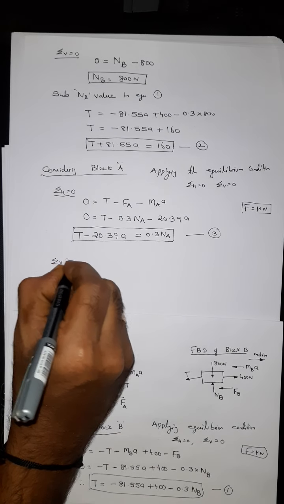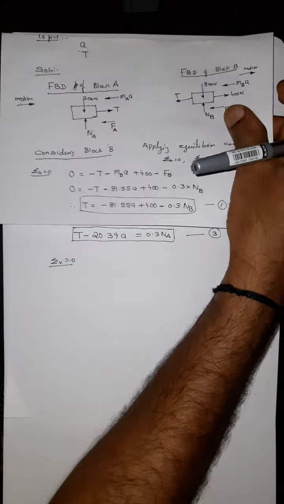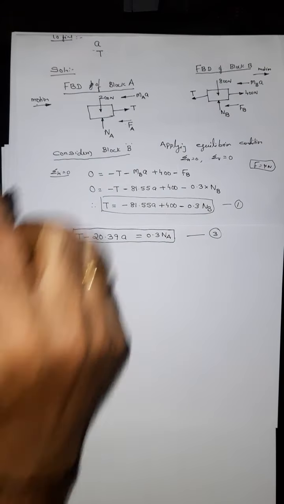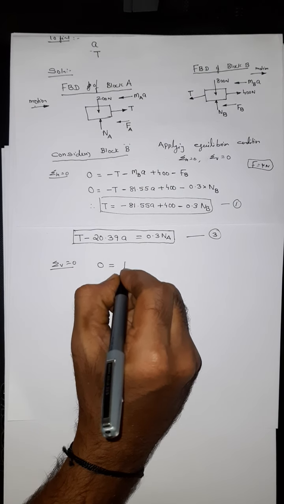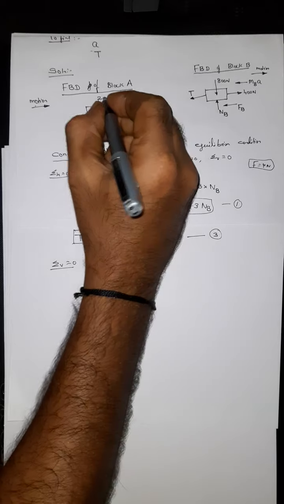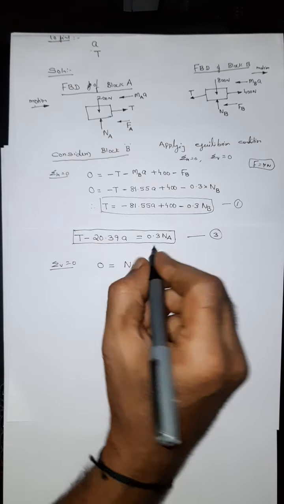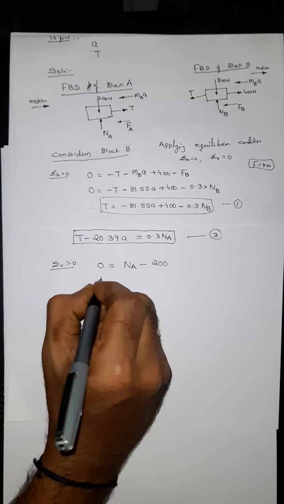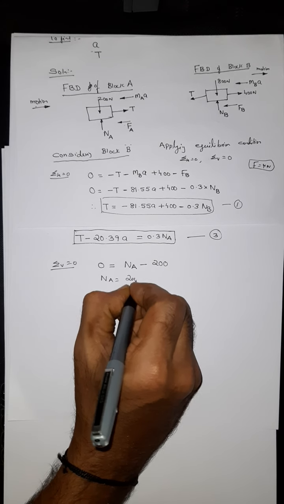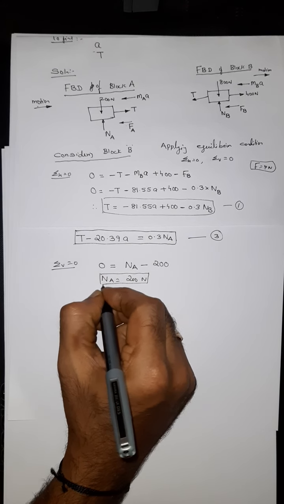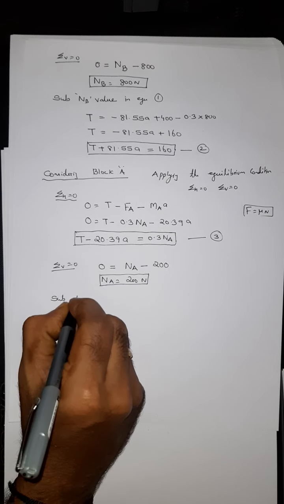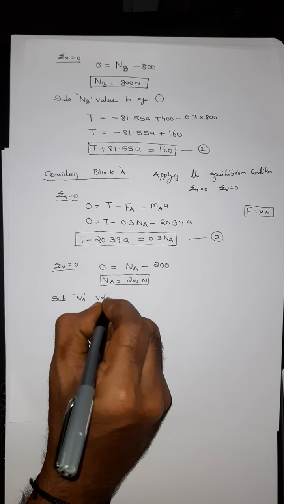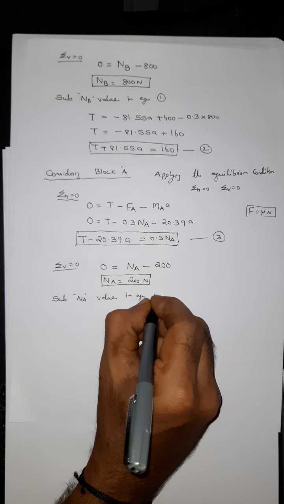Let me resolve the vertical forces. 0 equal to NA in positive direction, and the weight of the body acting in the negative y axis, therefore NA equal to 200 Newton. Right. Now substitute the NA value in equation number 3.